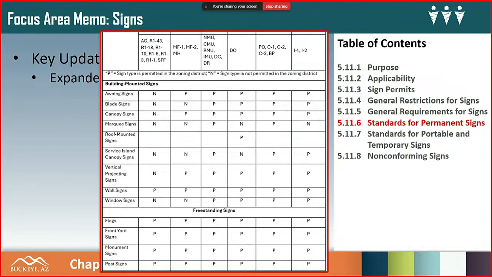So now a user can very quickly see that an awning sign, for example, is not allowed in the single-family residential zones or the ag zones. However, it is allowed in multifamily, the commercial zones, the industrial zones, and so on. So in one simple table, anybody can see exactly what signs are allowed where. And then you go into the details on the following pages.